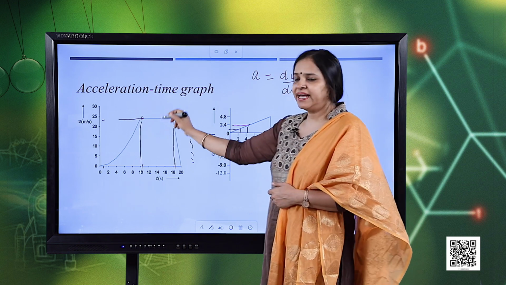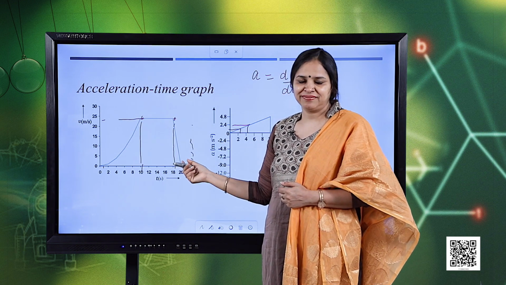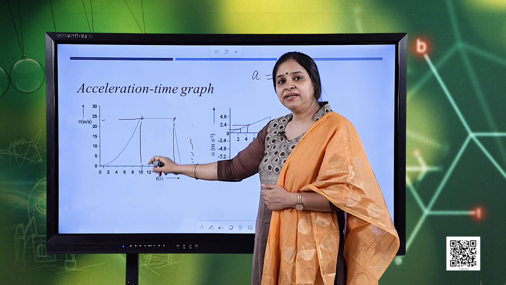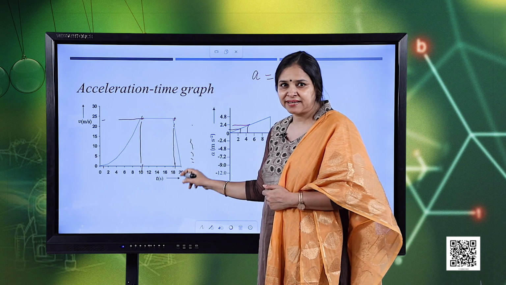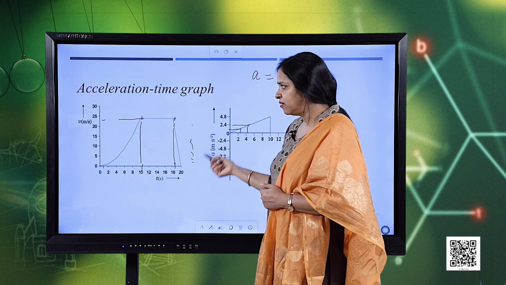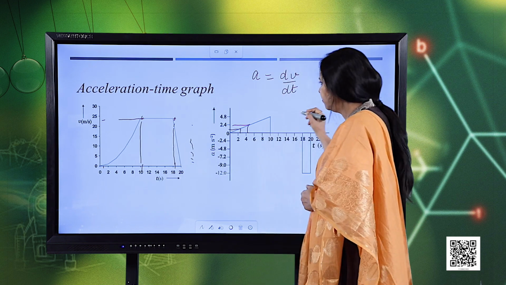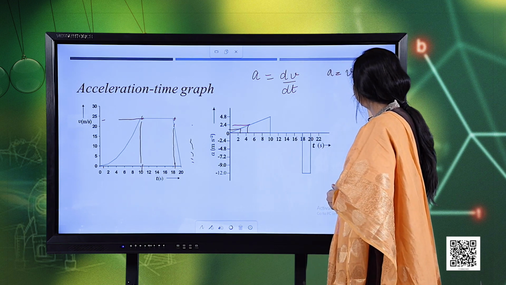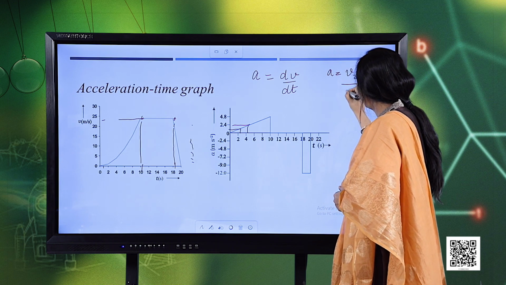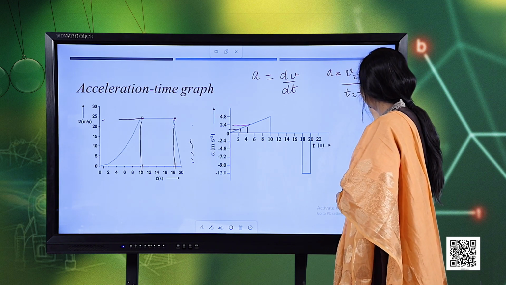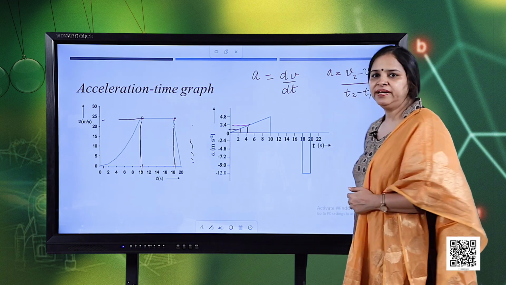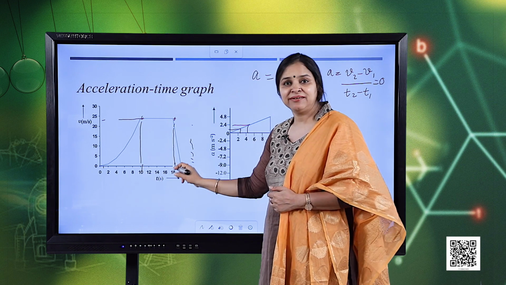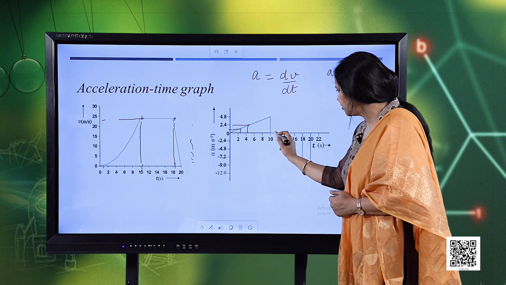We get the change in velocity is 0 during this time interval between t equal to 10 to t equal to 18 second. Since the velocity change is 0, from the formula a equal to v2 minus v1 upon t2 minus t1, we get the value of acceleration to be 0. So, within this duration of t equal to 10 to t equal to 18 second, acceleration is 0.